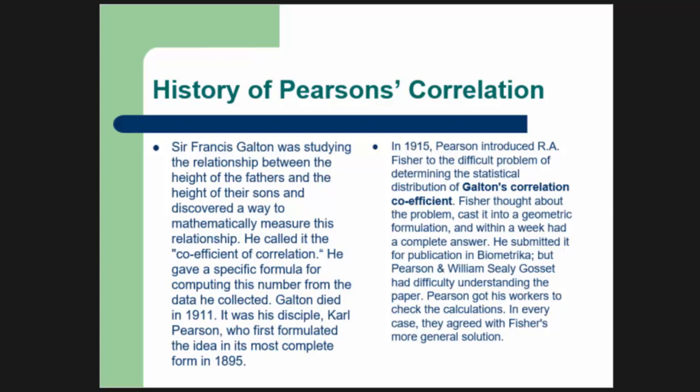However, Galton died in 1911. Who continued his work? It was his disciple Karl Pearson in 1895. So what happened was, because Pearson popularized it, it became known as the Pearson's correlation. R.A. Fisher looked at the Galton correlation coefficient and he came up with a geometric formulation.